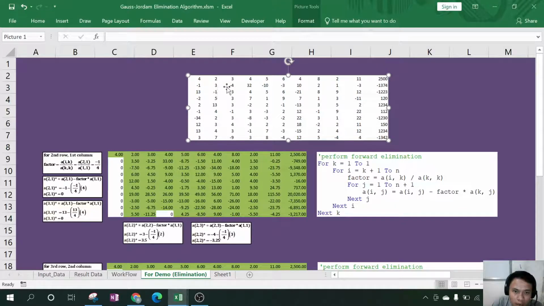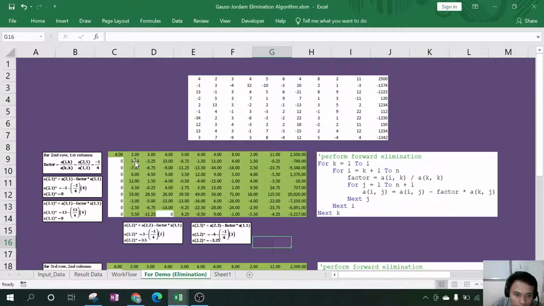Then on the second row, second column, where's that? This one. So here this is 3.5.